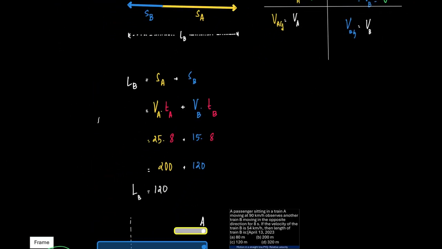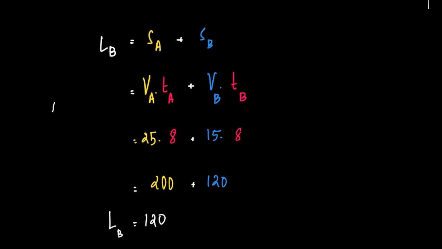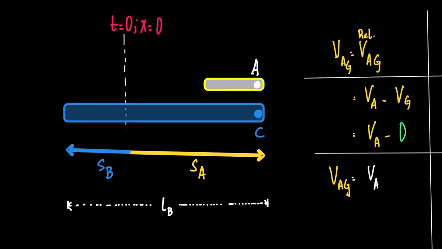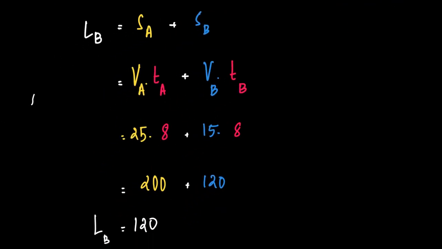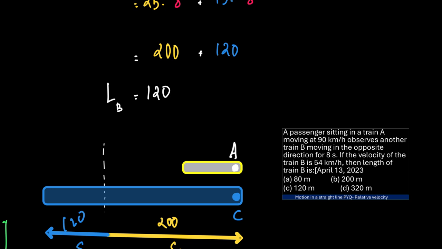And later we have the solution, which is by visualizing this part. This is the complete length of train B, which can be inferred as distance traveled by A plus distance traveled by B, which, as we discussed earlier, is speed into time: 25 into 8 plus 15 into 8, which is equal to 120.